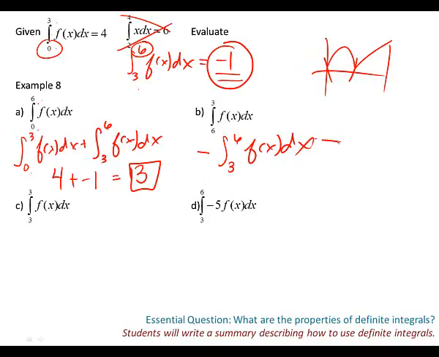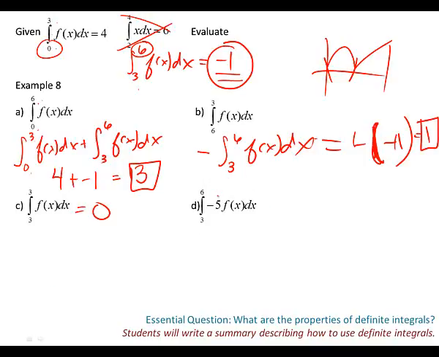So I've got a negative from outside the function, times a negative 1. So negative is going to be what? Positive. So this one is just 1. All right, we don't even need the function for c. What's c's answer? A number to itself when we integrate it is always 0.